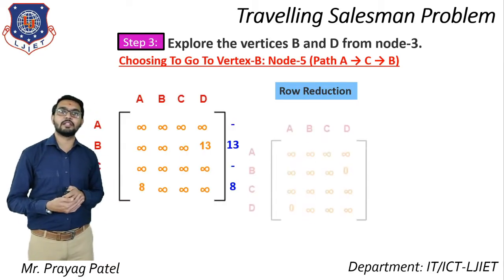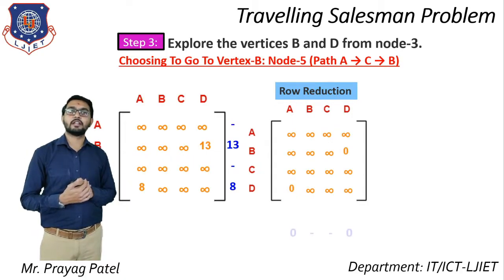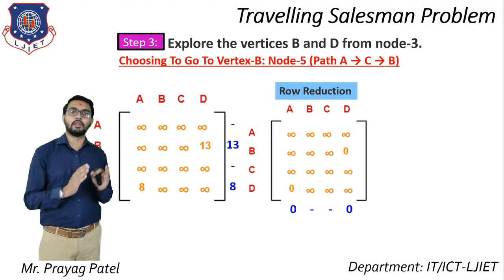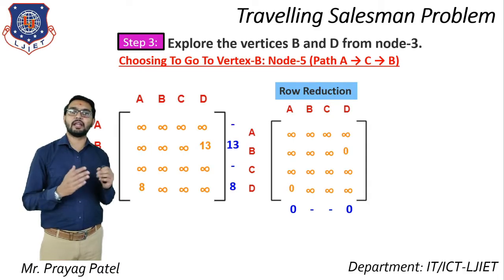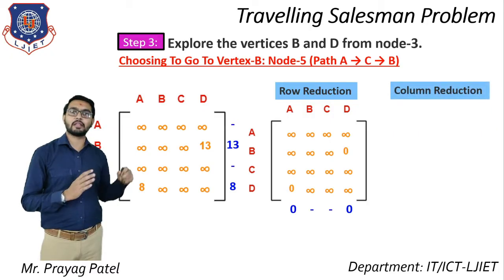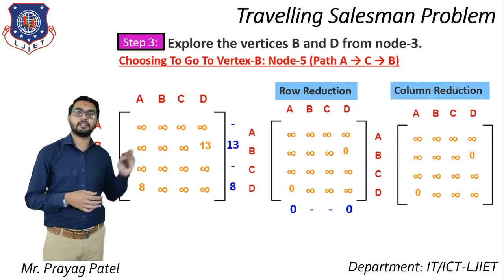After that, consider the reduced matrix as the second matrix. Now the column reduction: column A and column D both contain 0, and the remaining columns B and C contain infinity. So the reduced matrix is already the same as the row reduced matrix. The column reduced matrix is the same as it is.